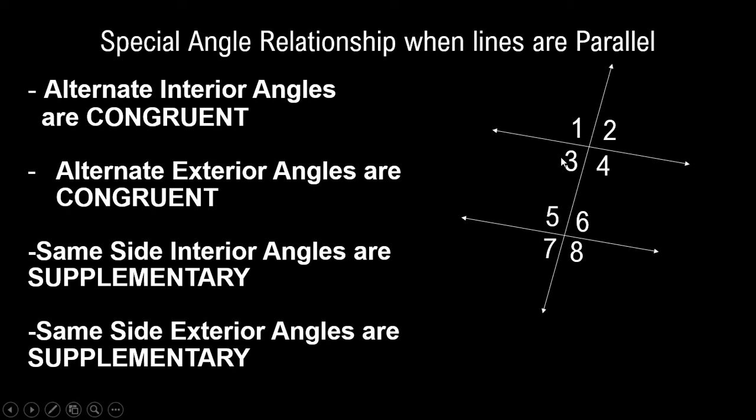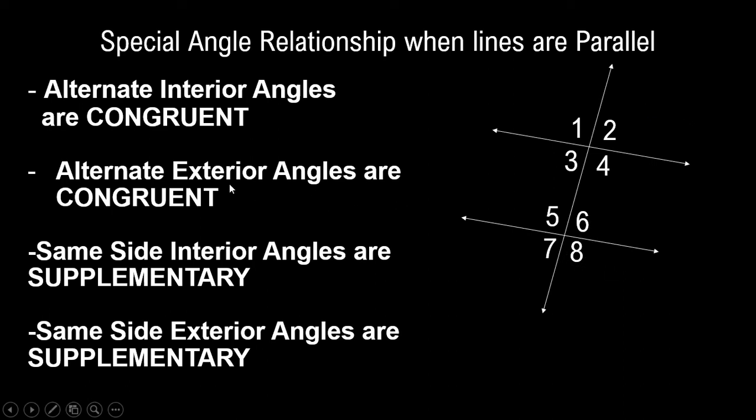So let's say this is 100 degrees, then angle 5 should be 80 degrees. And the last one is same side exterior angles are also supplementary. As an example, let us have angle 2 and angle 8. If angle 2 again measures 100 degrees, then angle 8 should be 80 degrees.